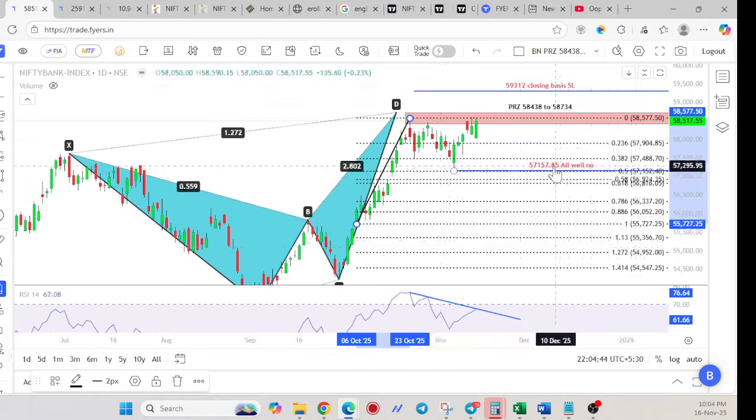So all well number for Bank Nifty is 57,857, the recent low that we made, right? And we are already into the PRZ again.